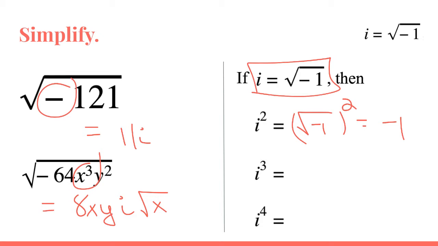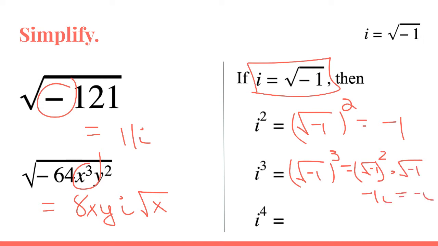Now what do you get when you take the square root of negative 1 and you raise it to the third power? Well, two of those would be what we just talked about. That would be our negative 1. And then we still have that extra 1 that's stuck under the radical. So the answer would be negative i in that case. Negative i is what we would write for i to the third power.